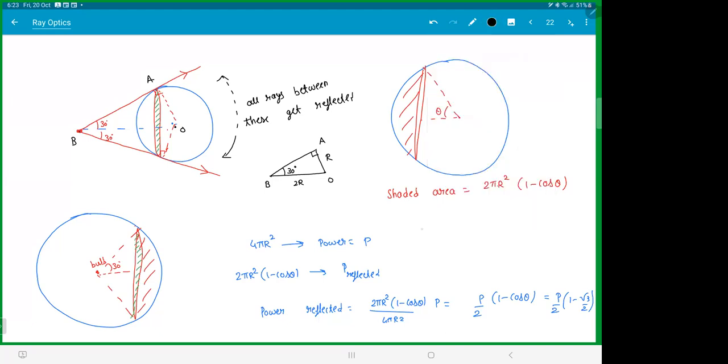This is a blunder if you do it like this. If you say for 360 degrees power is P, for 60 degrees power is P by 6, this is wrong. Because power is going in 3D, it is not going in a plane.